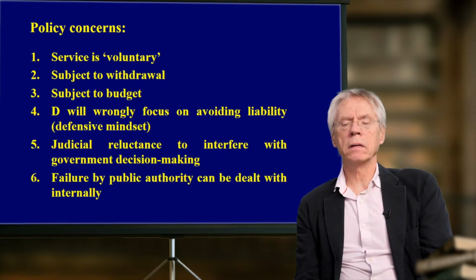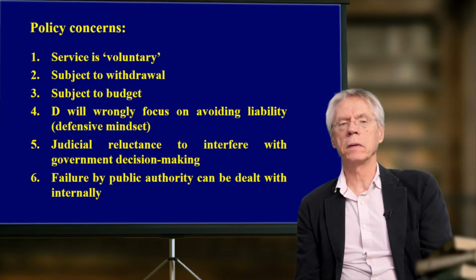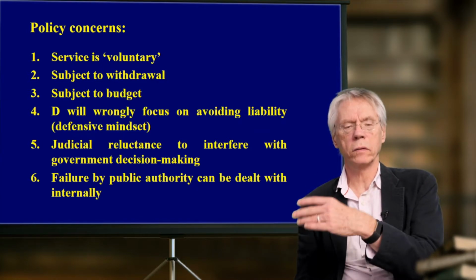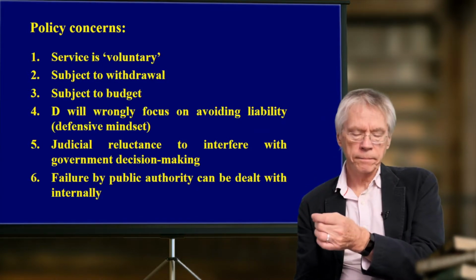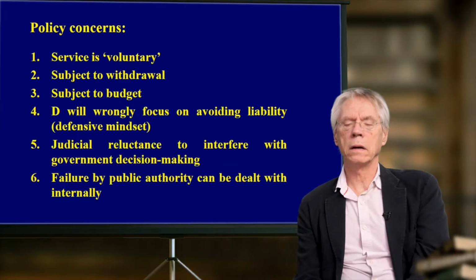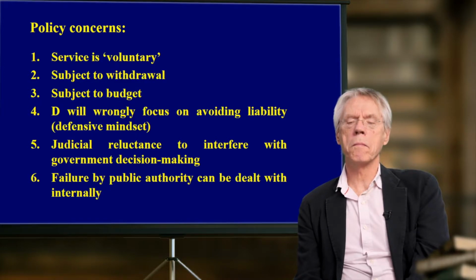And generally speaking, the courts don't really like to interfere with government decision-making. I mean, we have a division of powers, as you know. You have the legislature, the executive, you have the judiciary, and they should be separate in a rule of law system. And so the courts are not exactly sure what is the right point where it would be right to intervene in government decision-making.